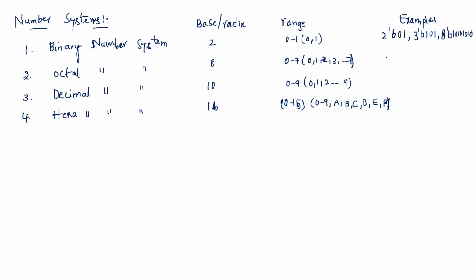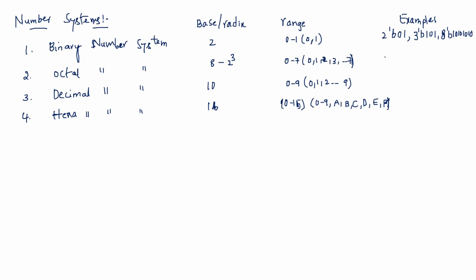Okay, okay. So the octal number system. How can we represent it? See, octal means 8 numbers we have. So for 8, the binary representation is 2 power 3, right? So 3 bits we can represent a number. So 9'o octal we can represent.